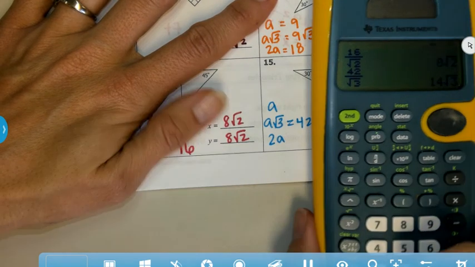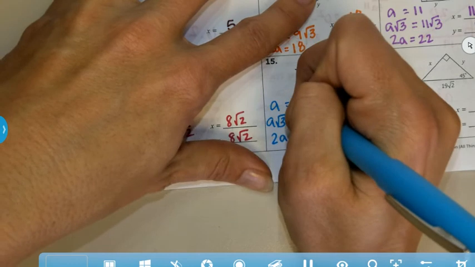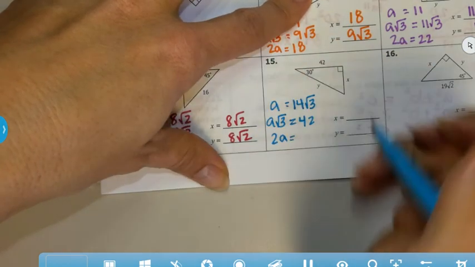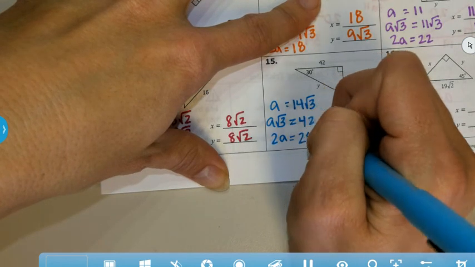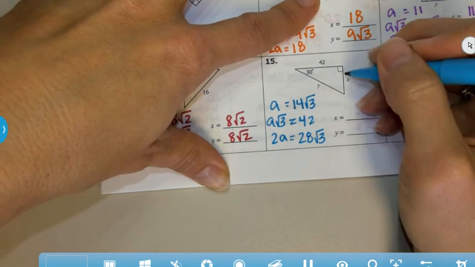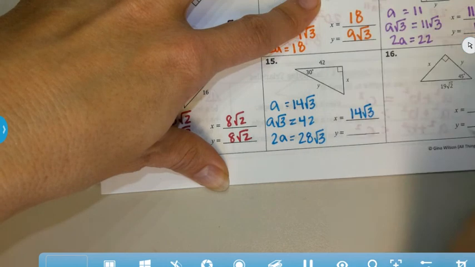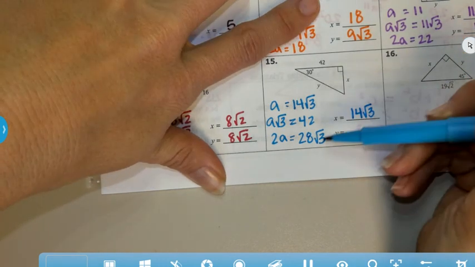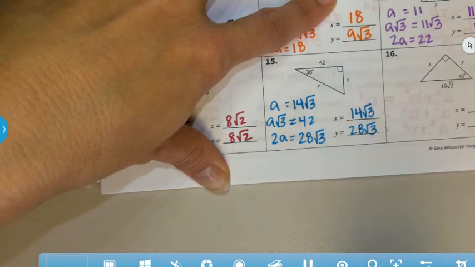So 14 square root 3 is your short side. And then your 2a side, your hypotenuse, is 2 times that, so 28 square root 3. So x is your short side, so that would be 14 square root 3. And y is your long side, 28 square root 3.